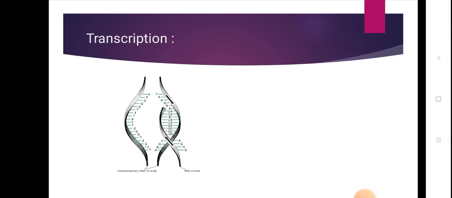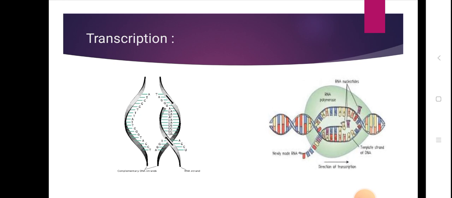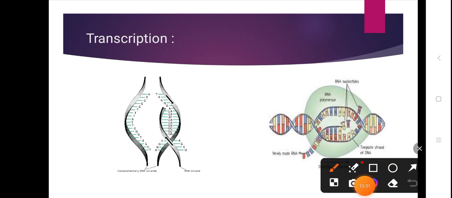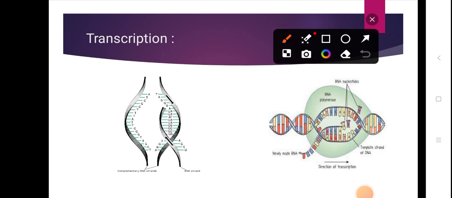But with the help of a specific enzyme called RNA polymerase, the 2 strands of DNA become separated from each other, or unwinding, okay? And as you see, this is the shape of DNA inside the nucleus in the form of 2 twisted strands. But with the help of the RNA polymerase enzyme, the 2 strands become separated from each other.